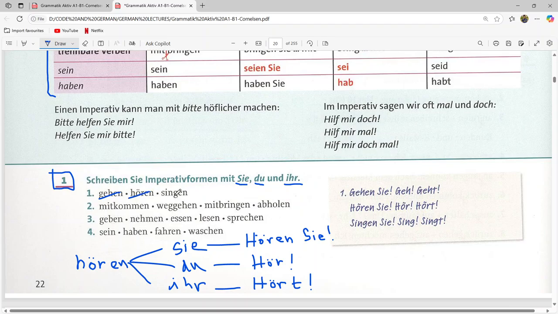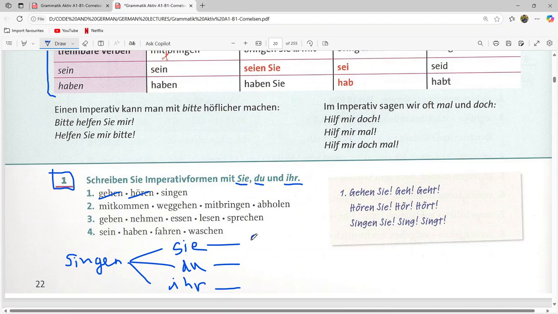Next verb singen. So the verb is singen.